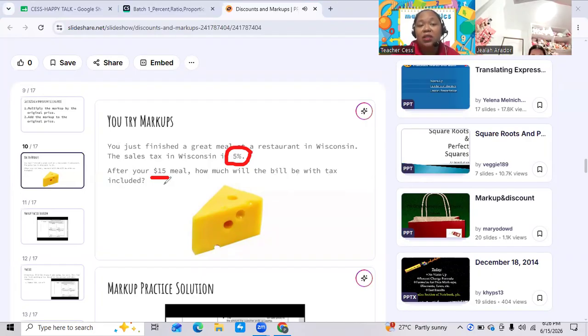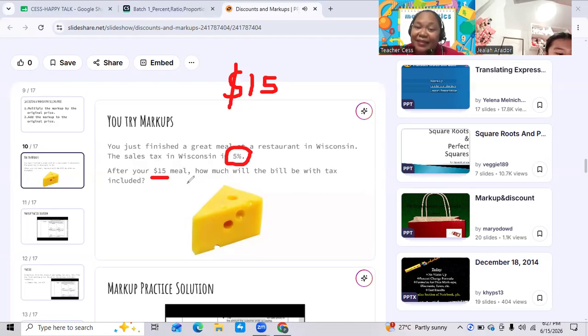So the original bill is $15. Oh, $15, Jela. But the restaurant gave you 5% tax, or they will add 5% tax. So how will you solve it? I will turn 5 into a decimal and multiply it. Very good, to get the markup.